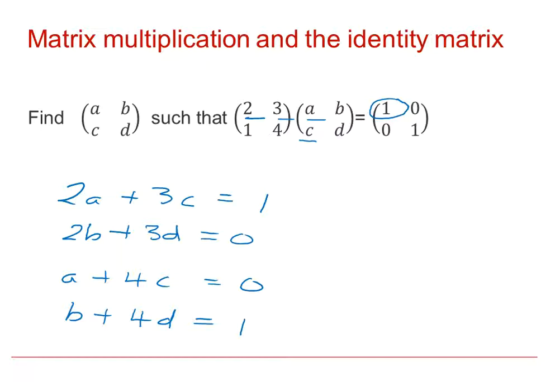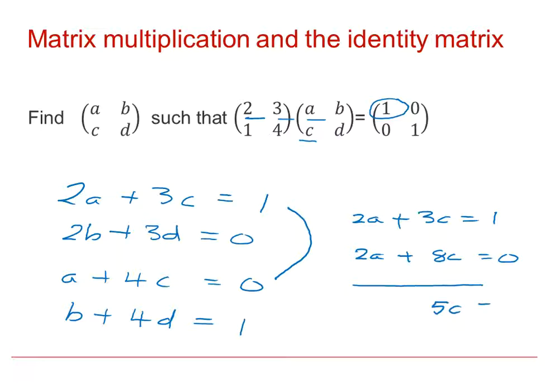Now, if we take these two equations, we can eliminate. So we've got 2a plus 3c equals 1. And if we multiply that second equation by 2, we would have 2a plus 8c still equal to 0, giving us, if we eliminate by subtraction, that 5c would equal minus 1, and c equals minus a fifth.